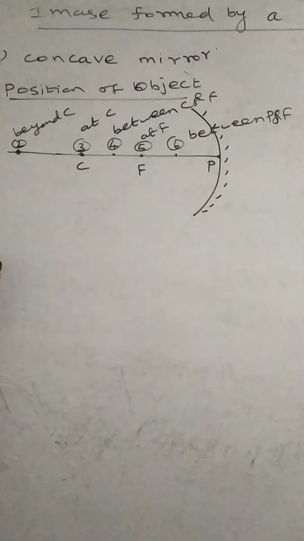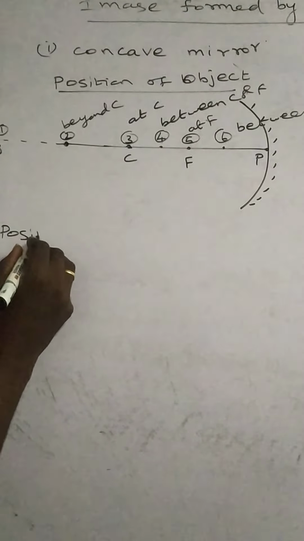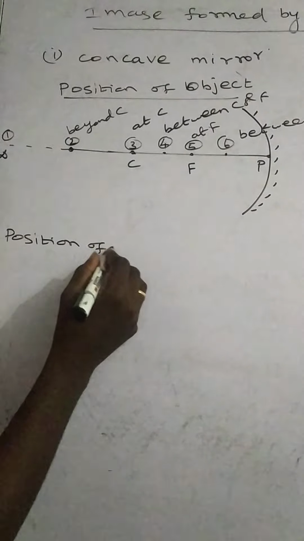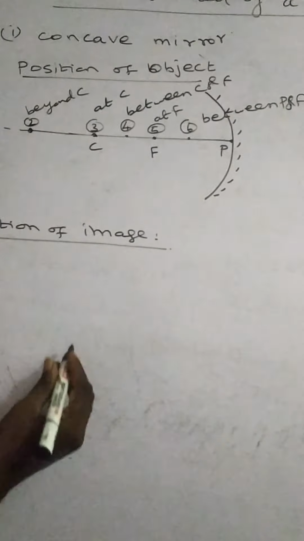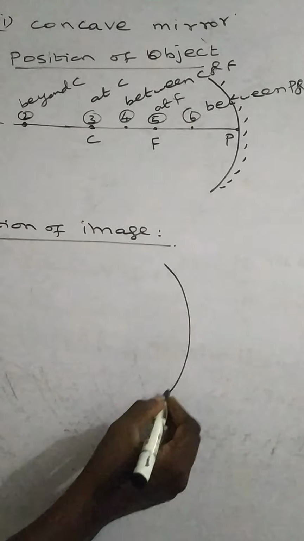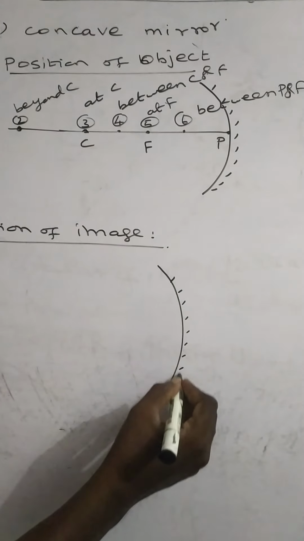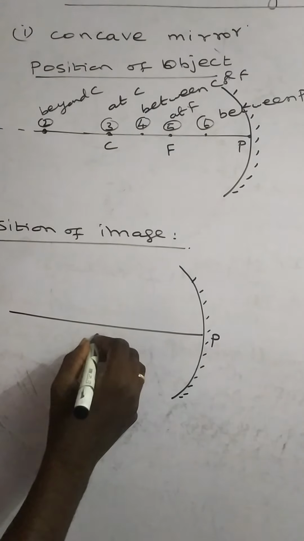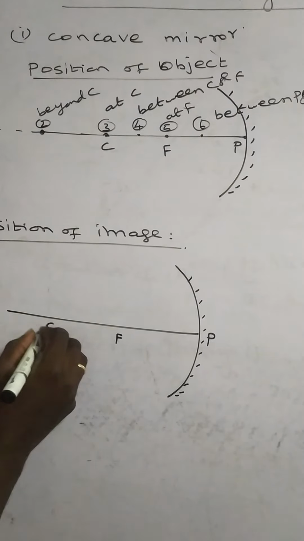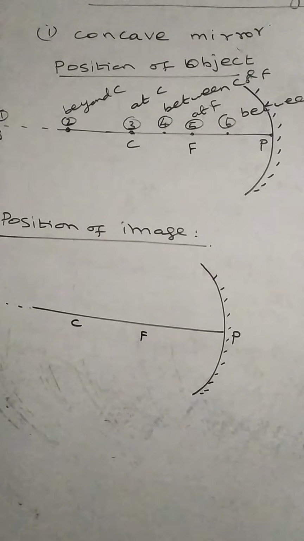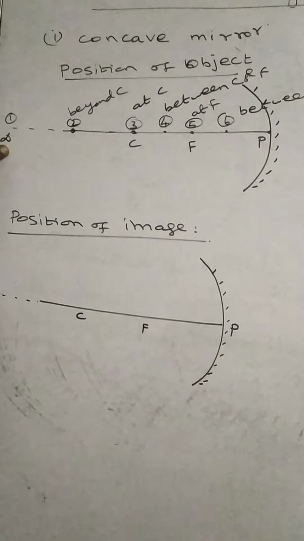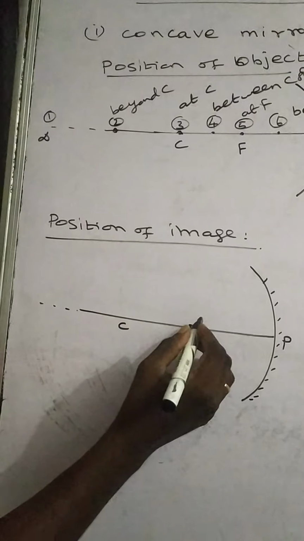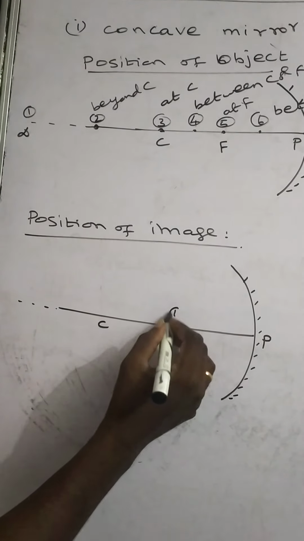So what is the position of the image? First, object at infinity, image is obtained at focus.